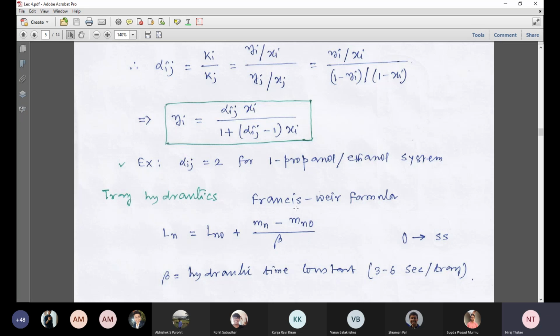But is there any way to assume even this Mn value more correctly? Answer is in tray geometry. You know the tray geometry, no? It's a cylindrical tray. If you know the tray diameter, and the tray height, that is outlet weir height, it's a cylinder, pi r square h.